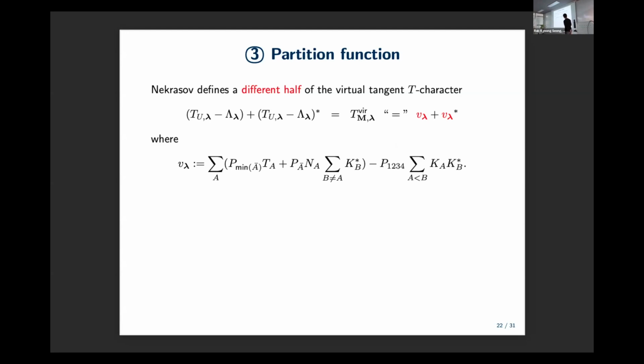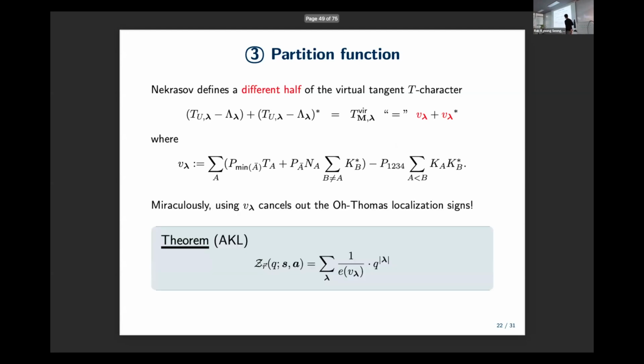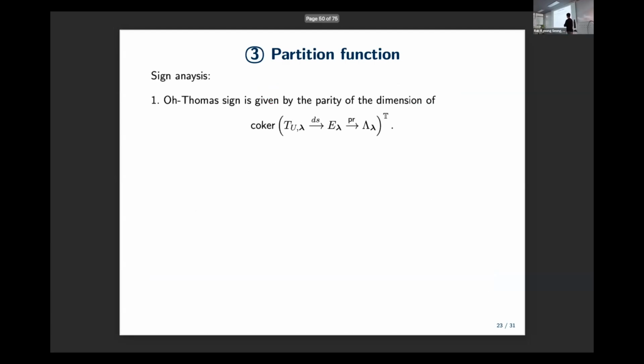And what this v lambda does, miraculously, is that it cancels out exactly the obstruction-theoretic localization signs, which are very difficult to analyze in general. But in this case, if you use v lambda instead of t minus lambda, which is more geometric, then it removes all the signs. So basically, the sign is given by the parity of the following explicit vector space involving t and lambda.